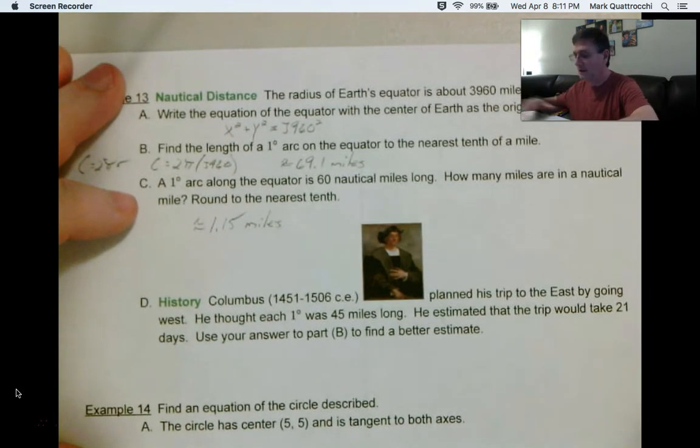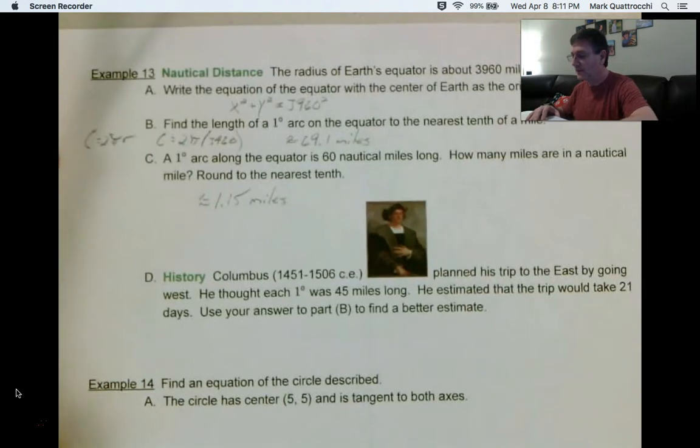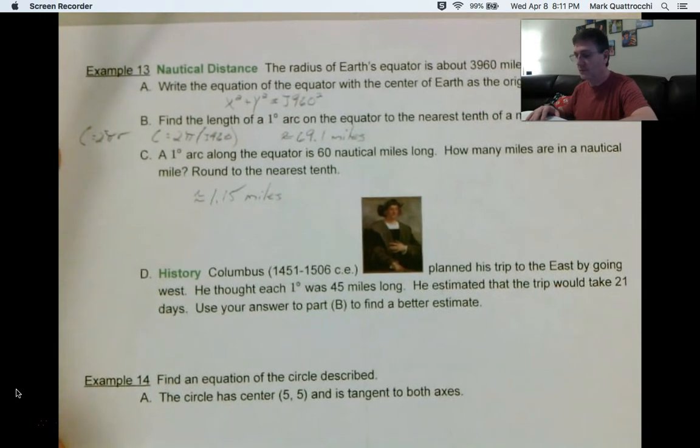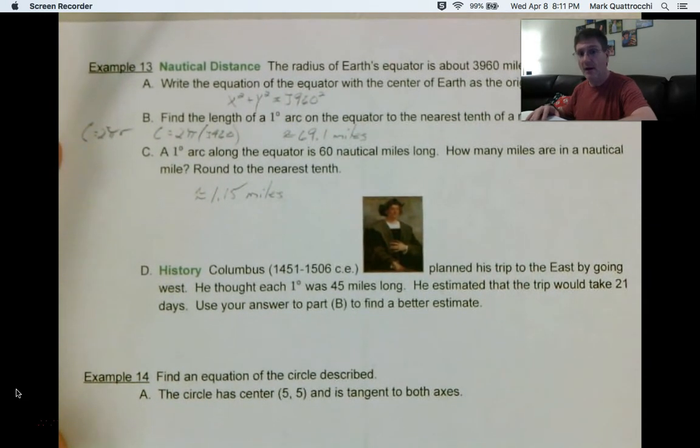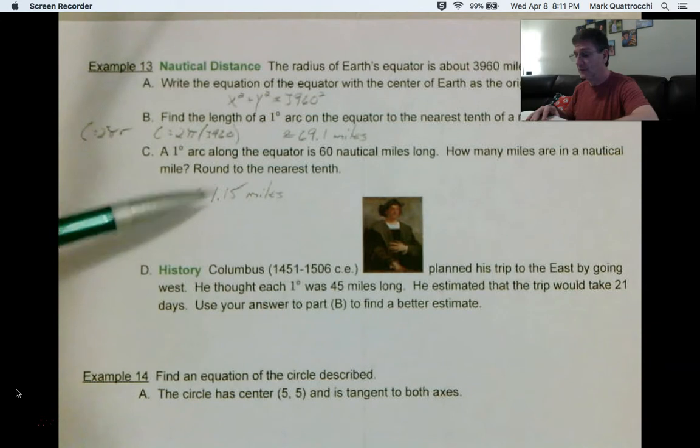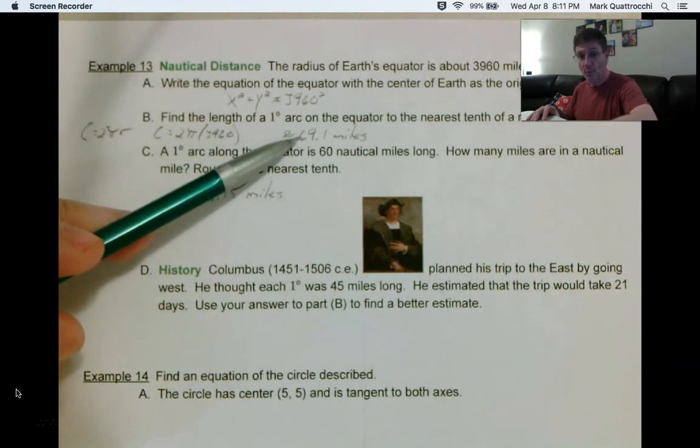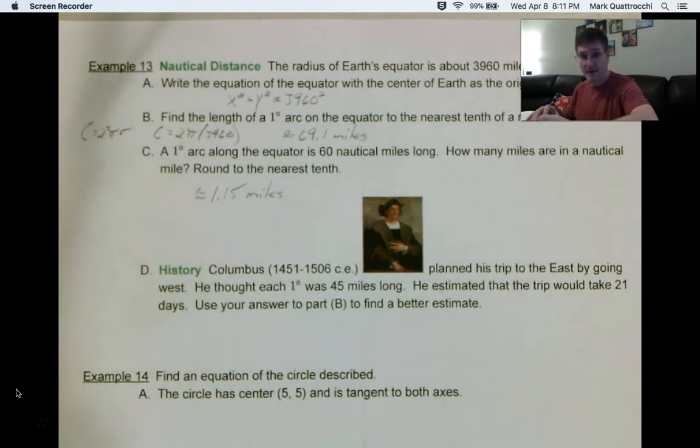All right, history, part D. Columbus planned his trip to the east going west. He thought each degree was 45 miles long. He estimated the trip would be 21 days. We're going to use our estimate of 69.1 miles and figure out how many days that would be. We're going to set up a proportion here.